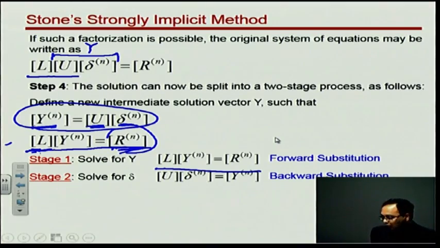So the bottom line is, if I can factorize A into L times U, I can actually get a solution of the system of equations in one iteration, because this is a direct solution, right? We're not iterating or anything. I could possibly get it in one iteration with only 2 n square operations instead of n cubed operations.